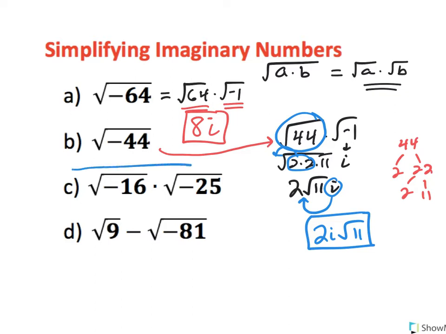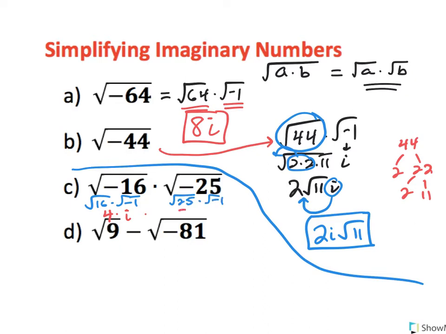If I take a look at C now, these ones are pretty quick. The square root of -16 can be written as the square root of 16 times the square root of -1. If I write it this way, the square root of 16 is 4, the square root of -1 is i, and so for the first term, it's 4i. For the second one, you can write that as the square root of 25 times the square root of -1. The square root of 25 is 5, the square root of -1 is i.